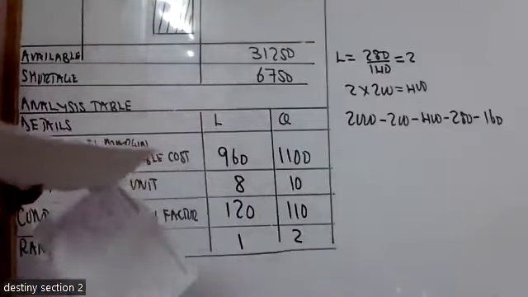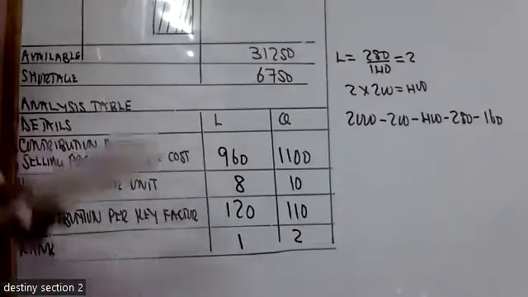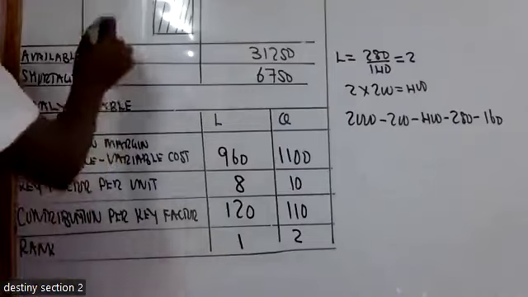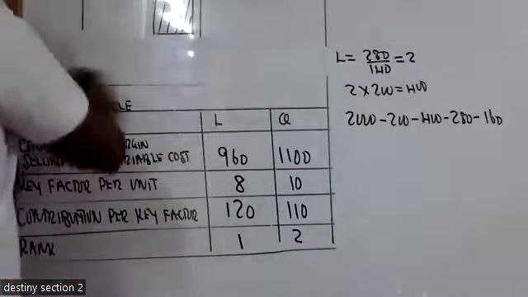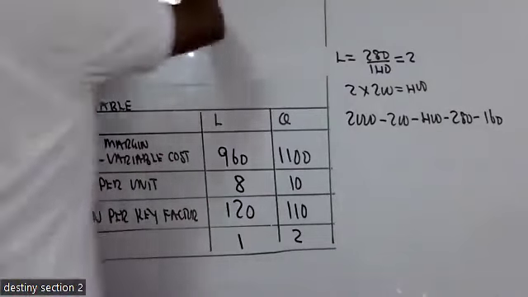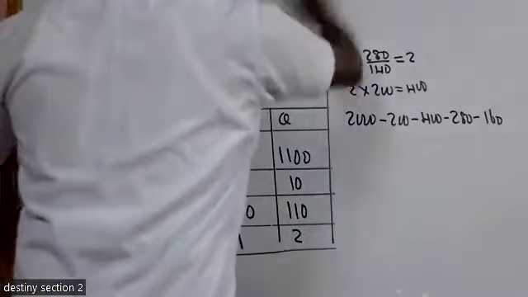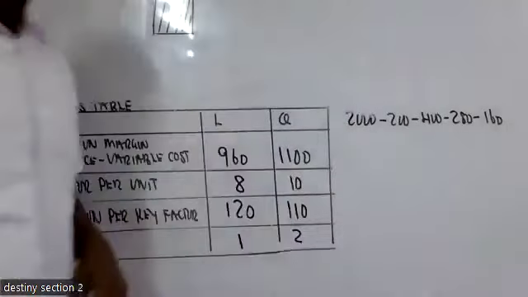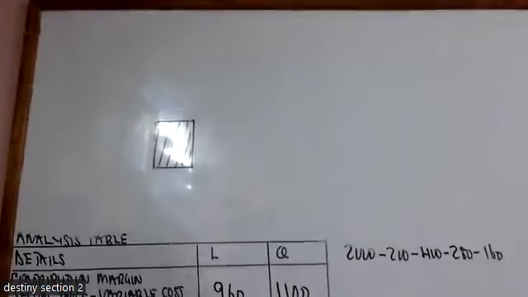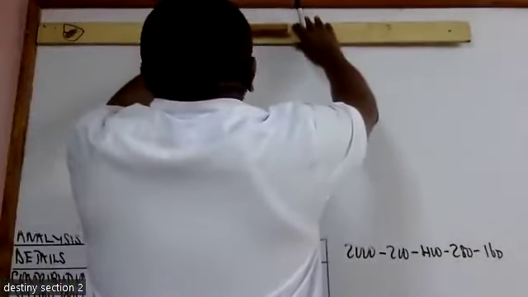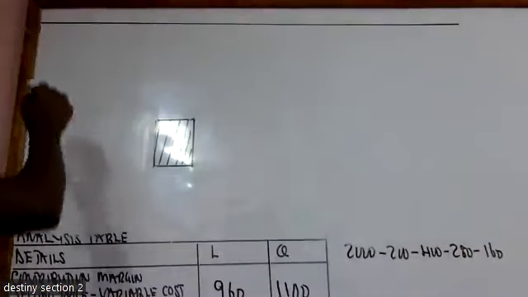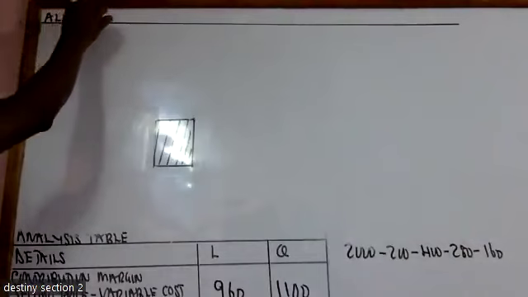So from there, we are supposed to draw something called an allocation table or schedule. Allocation schedule.